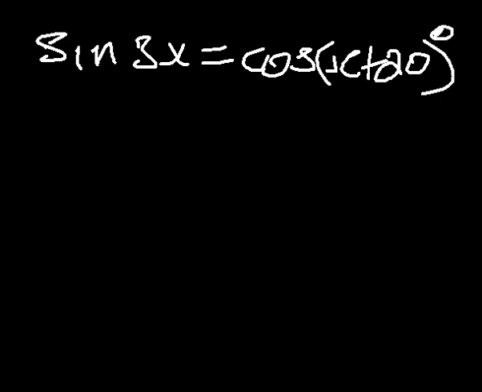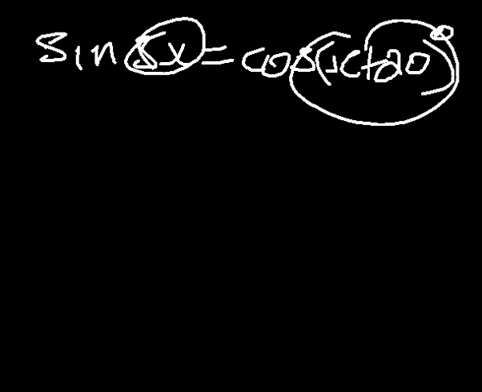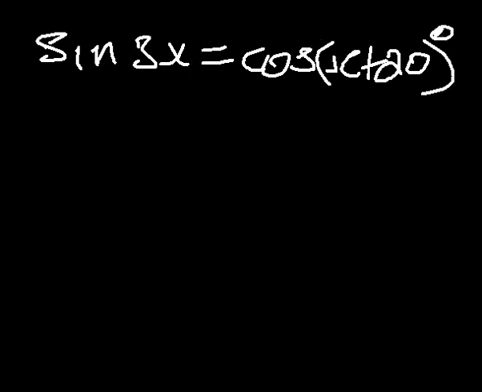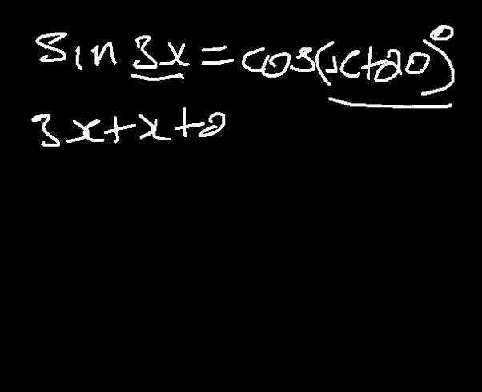Now we have angle 3x and the whole entire angle x plus 20. What is the value of x in this case? These two angles are complementary angles, in the sense that 3x plus x plus 20 is equal to 90 degrees. Then you'll be able to solve x there.